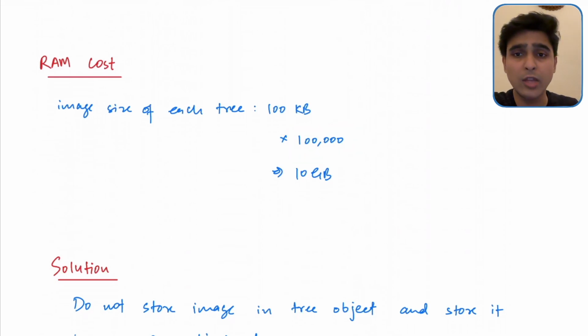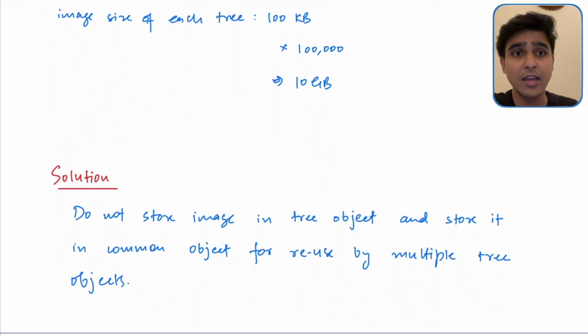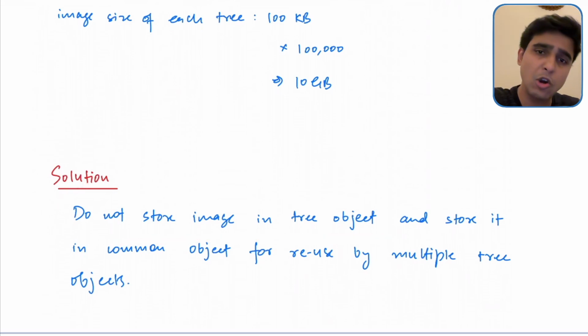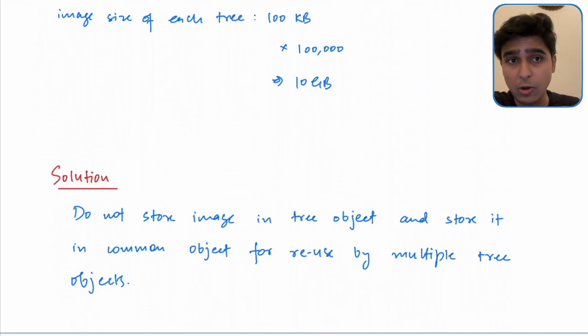If we do that, then we can bring our RAM cost way down. So the solution is, do not store the image in the tree itself and store it in some common object for reuse by multiple tree objects.